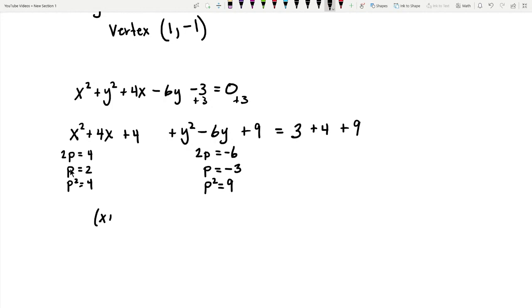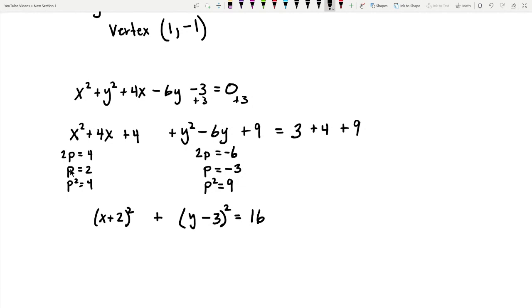So that is going to be x plus 2 squared. My y's are going to factor into y plus p squared. So that's going to be y plus a -3, so that's going to be -3 squared. And if I add that up on the right, I get 16.